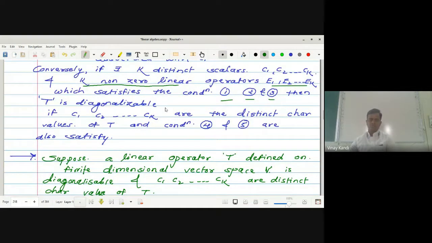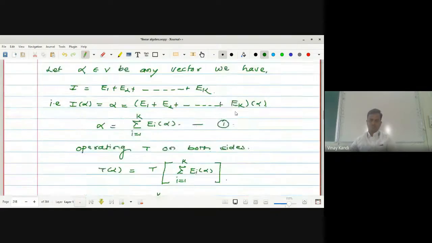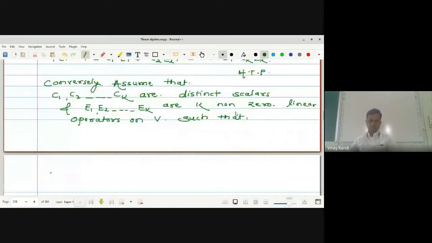And we have to show that T is diagonalizable. What is the first condition? T is equal to C1 E1 plus up to so on Ck Ek.